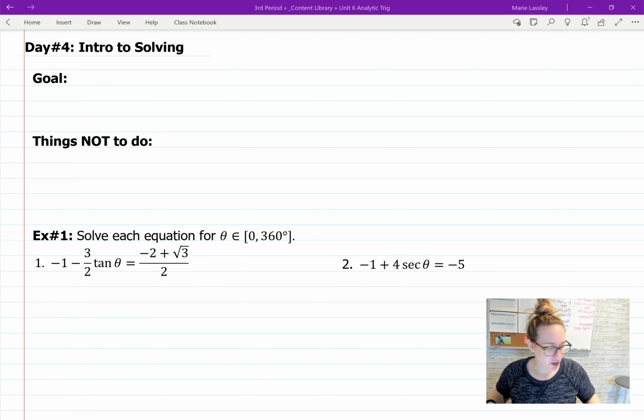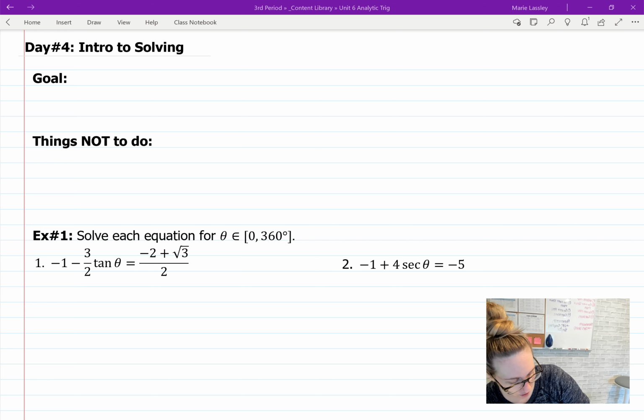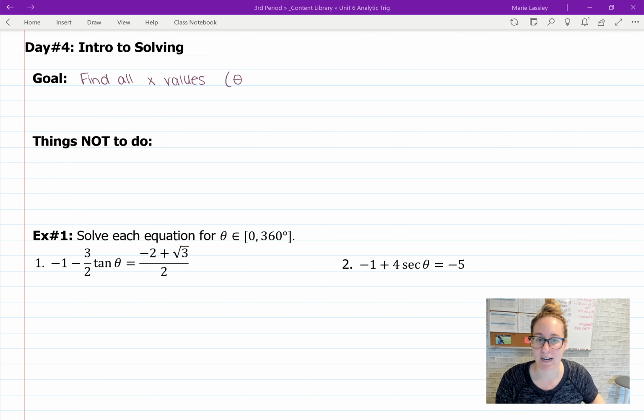So first off, our goal. We are solving an equation. Our goal is to find all of the x values that satisfy your problem on the given interval. Now, you don't always have x as your variable. Sometimes you have theta or beta or alpha or whatever it is in the moment.